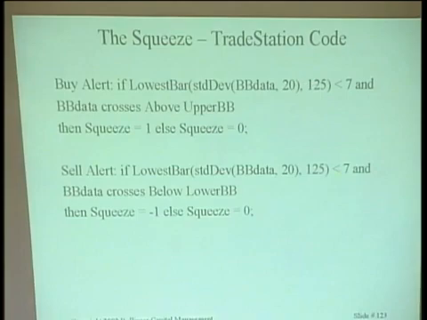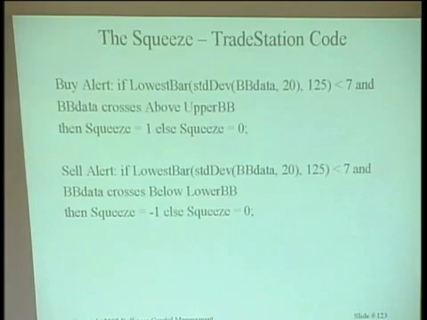If it was today, this will return 0. If it was yesterday, it will return 1. So if standard deviation fell to its lowest low yesterday, then this part will return 1.